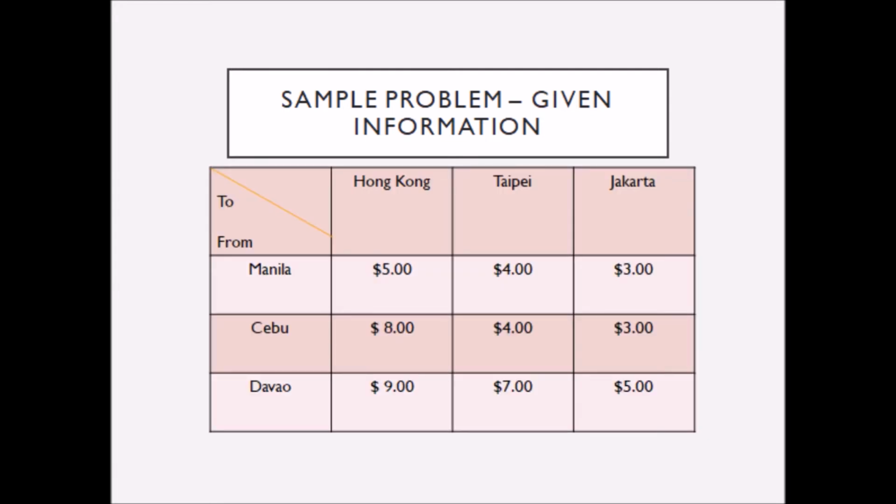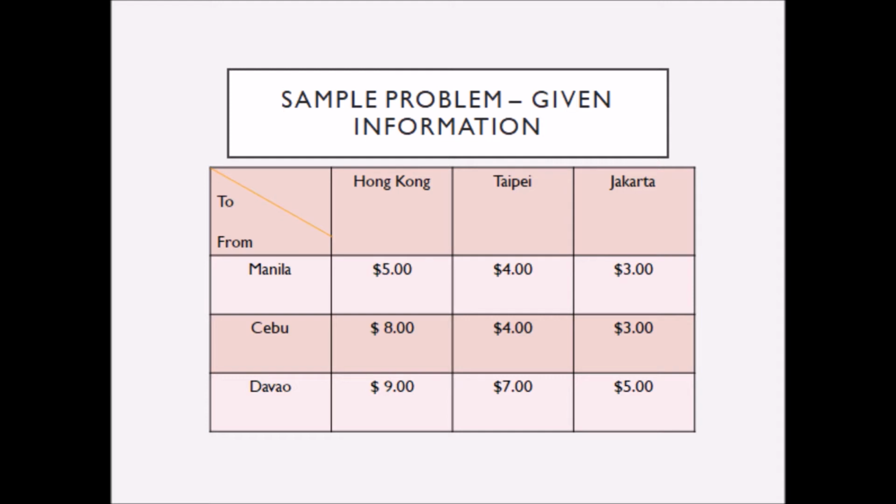We are also given a table with the following cost. From Manila to Hong Kong, that's $5 shipping cost. From Manila to Taipei, that's $4 shipping cost. And from Manila to Jakarta, that's $3 shipping cost. Next, we have Cebu. So from Cebu to Hong Kong, that's $8 shipping cost.